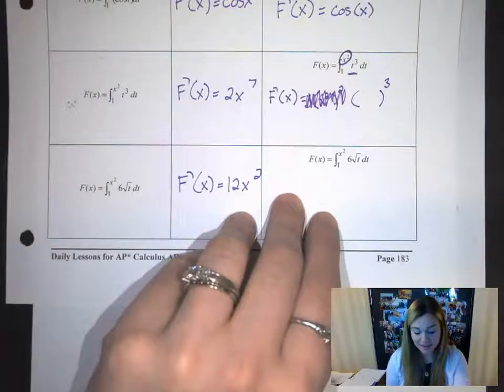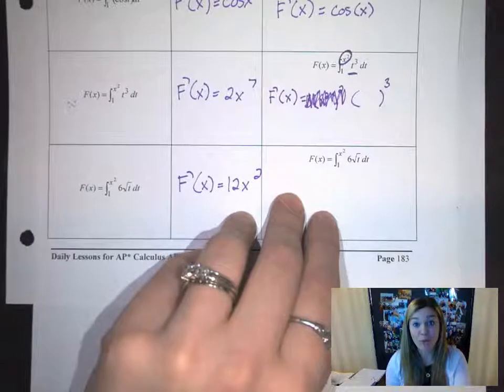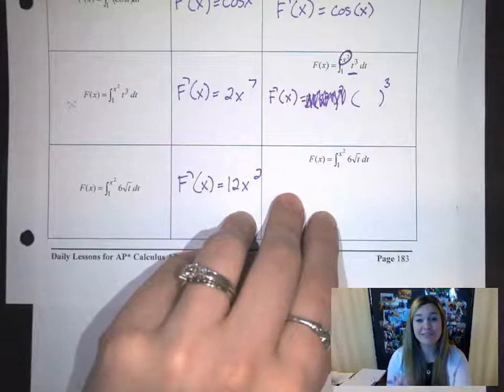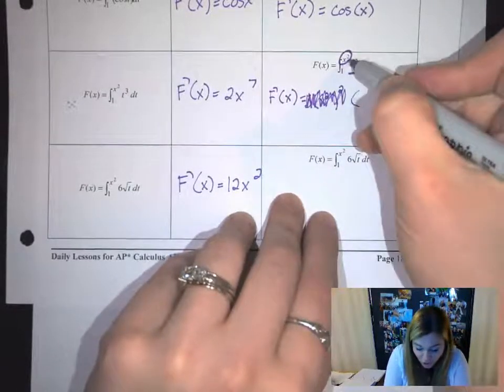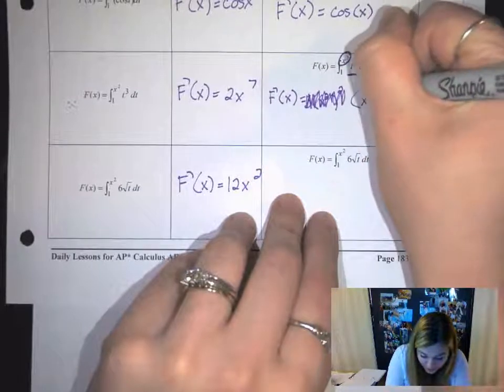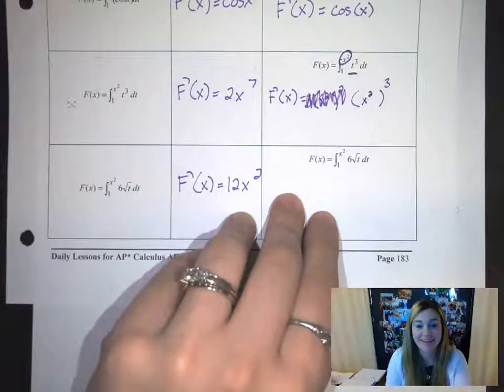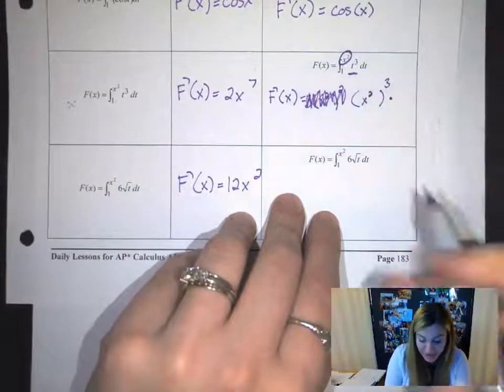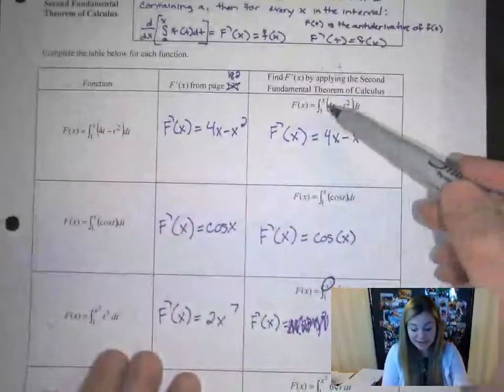But in this particular problem, we're using the chain rule. Wow. When we say we leave the inside alone, all we're doing is putting this x squared in here. Times, in these ones we didn't have to do anything because the derivative of x was just 1.